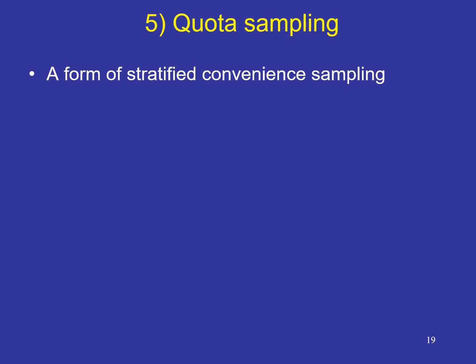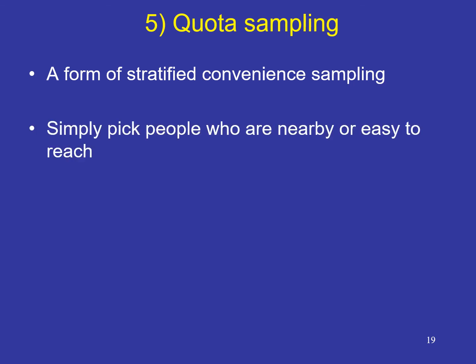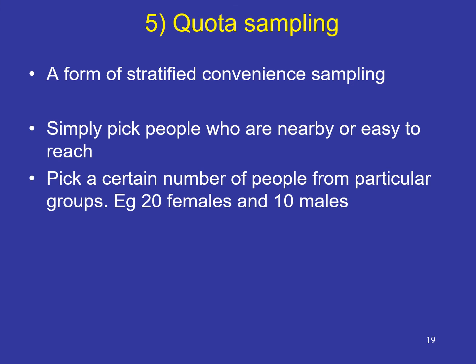Now, the fifth example of sampling is called quota sampling. Now, this is just really an extension of convenience sampling, but it might be that you've already decided to ask particular numbers from particular groups, like in stratified sampling. So, for example, let's imagine you wanted to ask 20 females and 10 males.